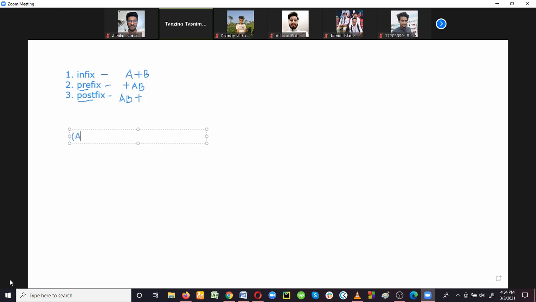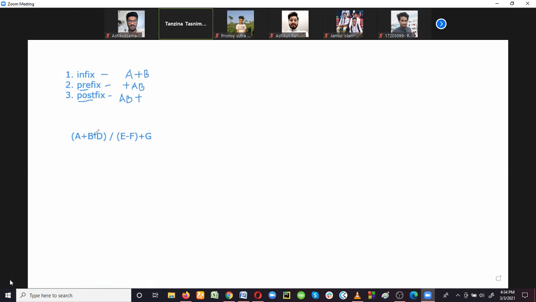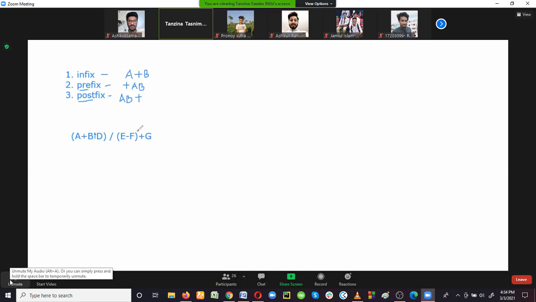So the expression is (a plus b exponentiation d) divided by (e minus f) plus g. This expression is presented in infix notation, right? The operators are placed where? Between the operands. So obviously it's in infix notation.